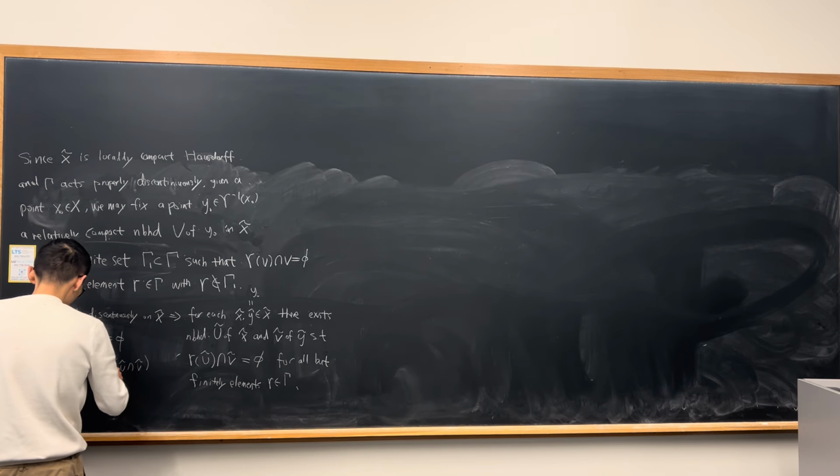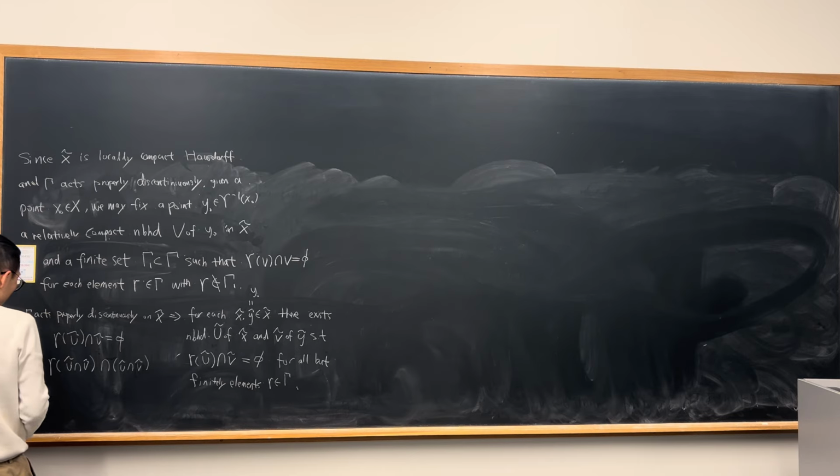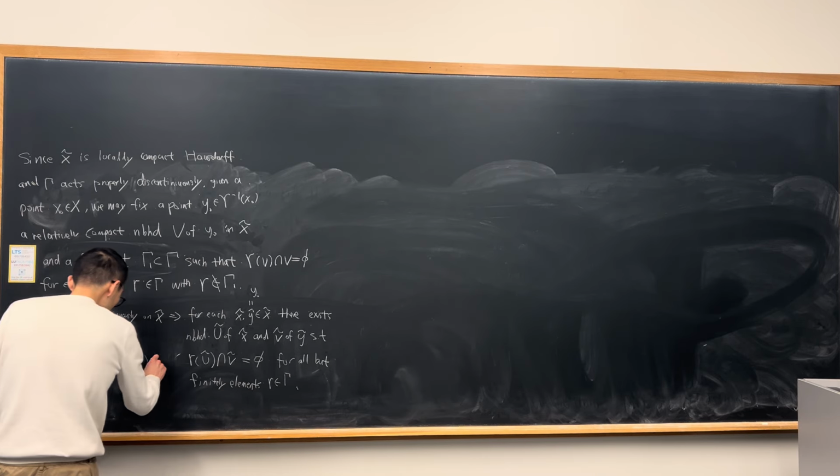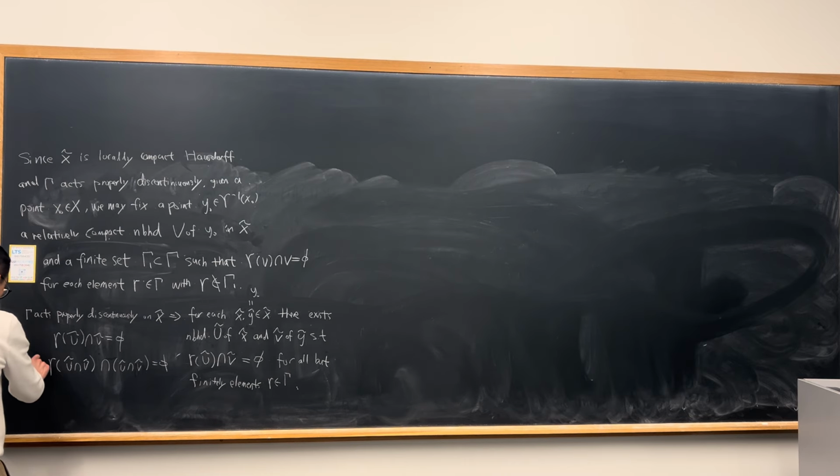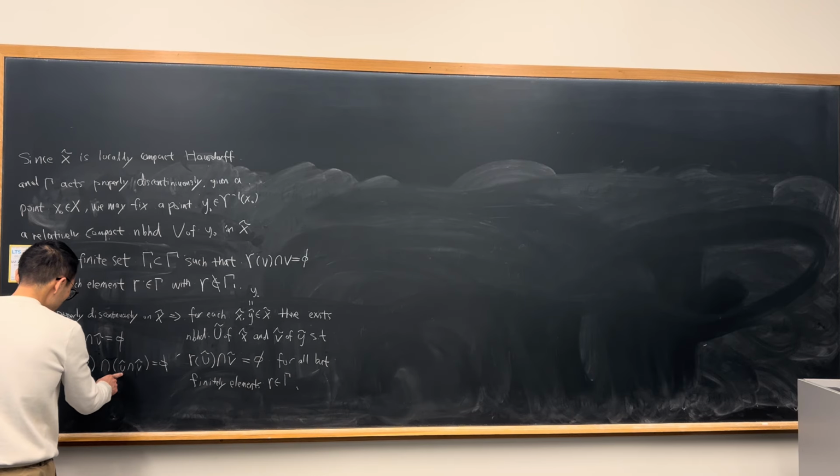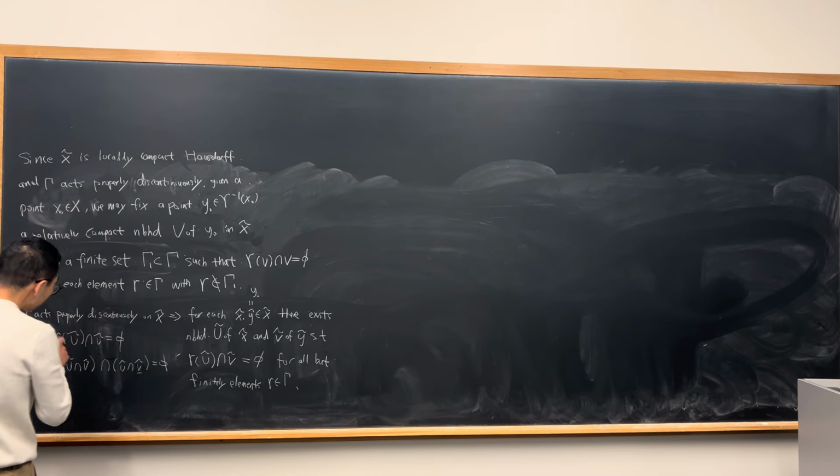Why must this be empty? Because if you take any element in here, then it belongs to both r of u and v, and then it also belongs to r of u, right?